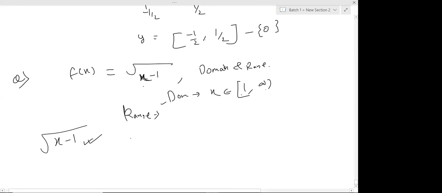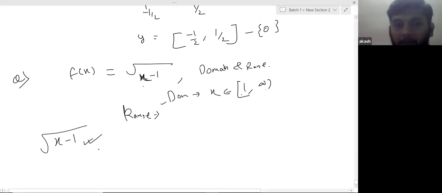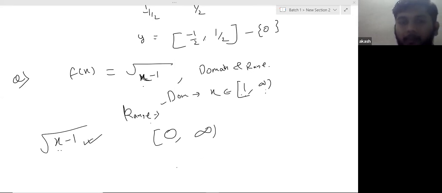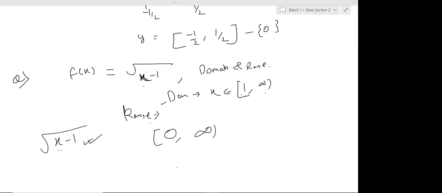Sir, 0 to infinity. 0 to infinite, right? Because the minimum value will be when x is 1, and if you put x equals to 1, then 1 minus 1 is 0. So the minimum value will be 0. Maximum can be infinite. Here open brackets, here close brackets. Clear? Everyone, Shabya? Yes, sir. All right.